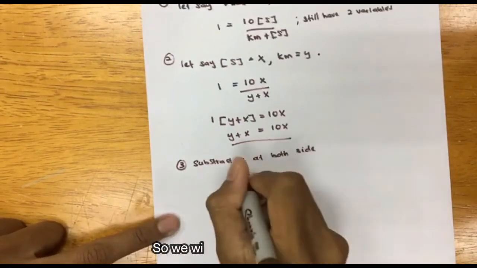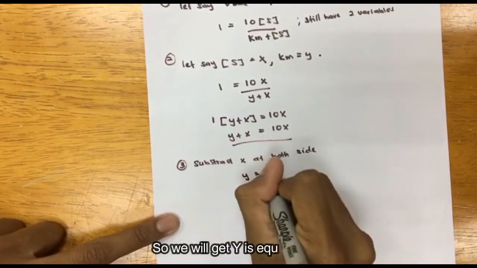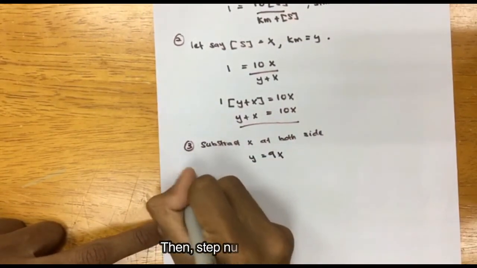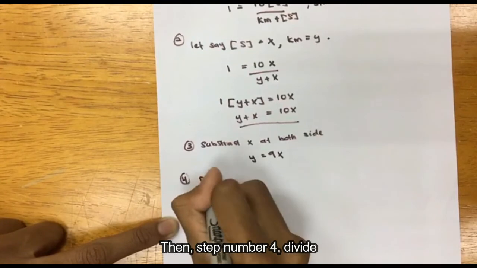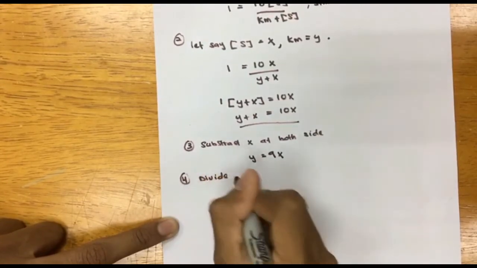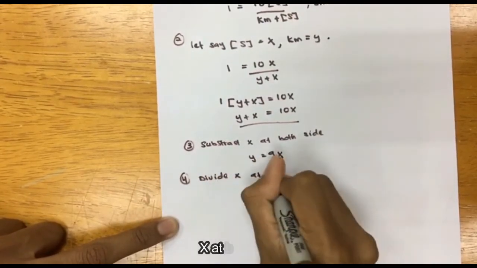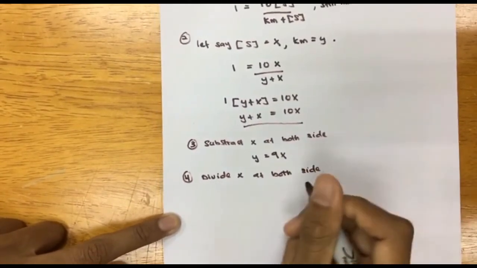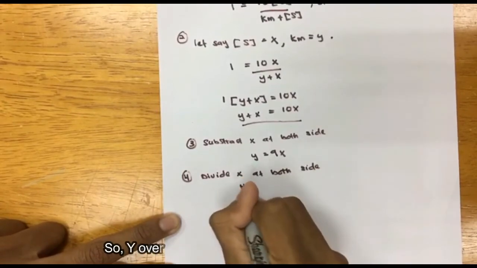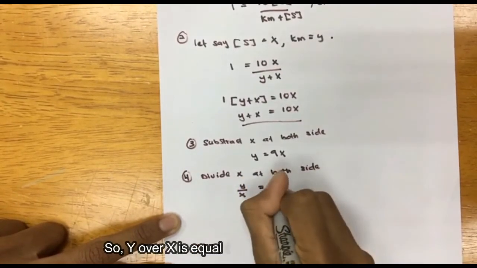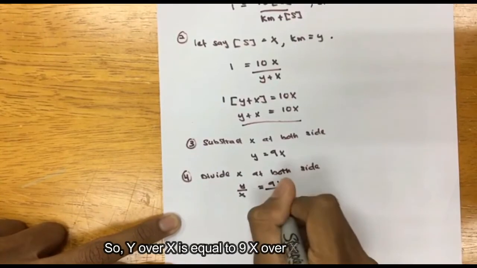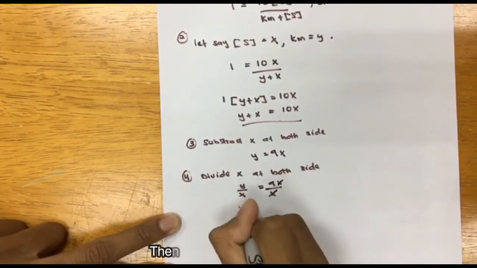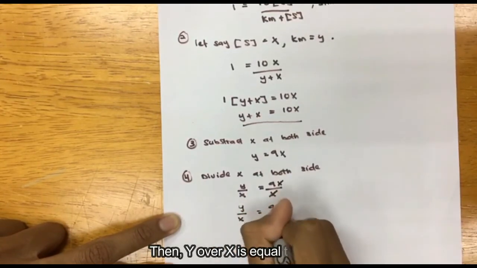So we will get y is equal to 9x. Then step number 4, divide x at both sides. So y over x is equal to 9 over 1, then cross multiply, then y is equal to x over 9 over 1.